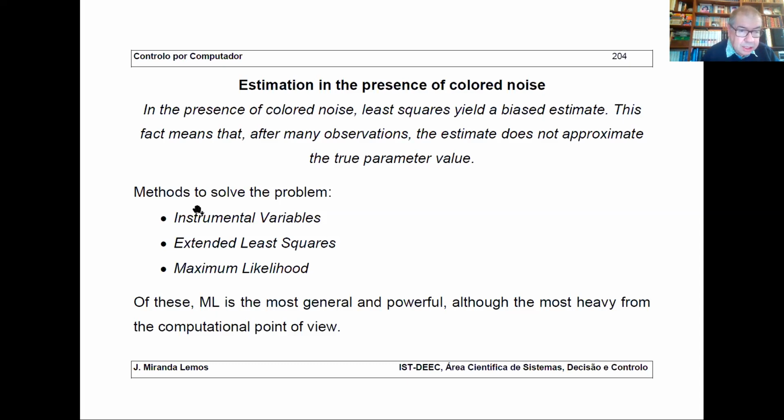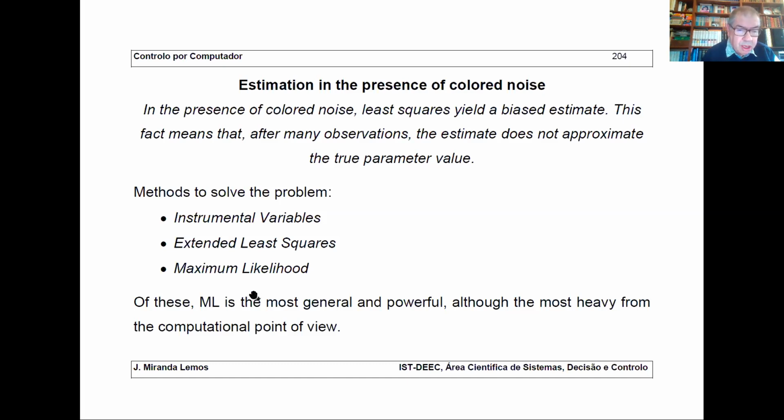Other possibilities are instrumental variables that we are not going to speak about, and the maximum likelihood method, which is the workhorse of estimation, and that you probably have heard of in the basic course on statistics. Probably you've forgotten that.